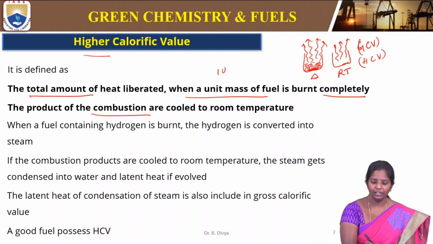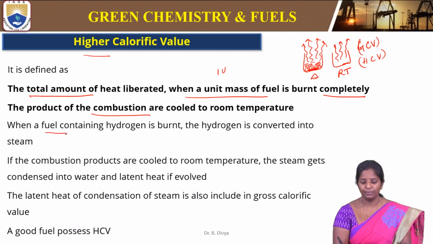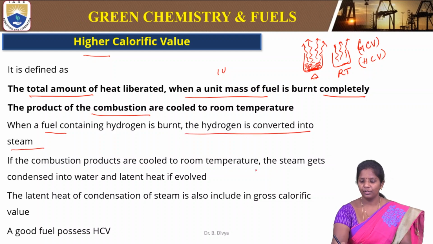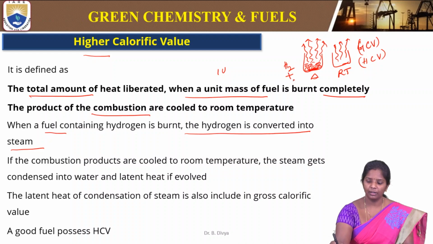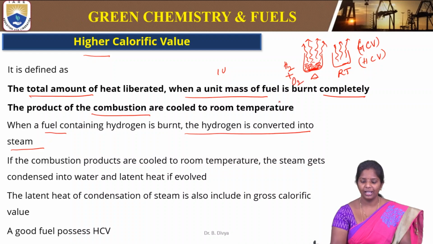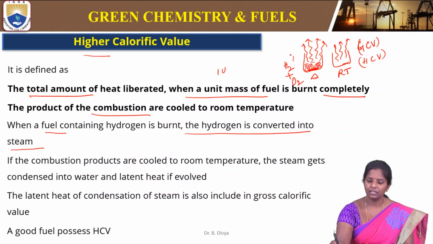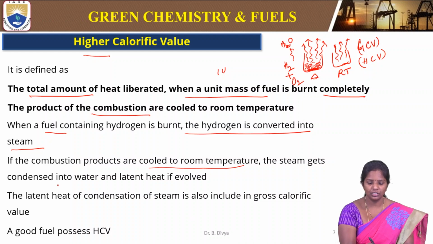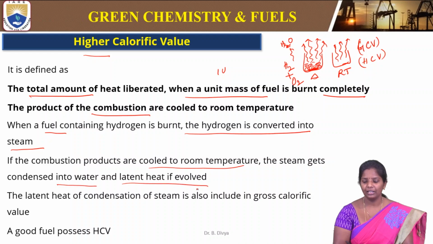fuel. So when a fuel containing hydrogen is burned, the hydrogen is converted into steam. For example, if it contains hydrogen, then on combustion it combines with oxygen and forms steam. Steam is nothing but water that is forming. If the combustion products are cooled to room temperature, the steam gets condensed into water and latent heat is evolved.